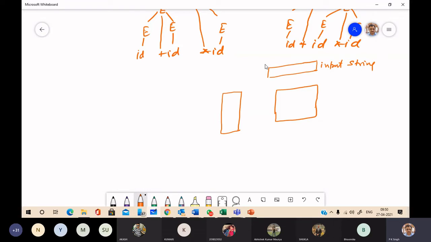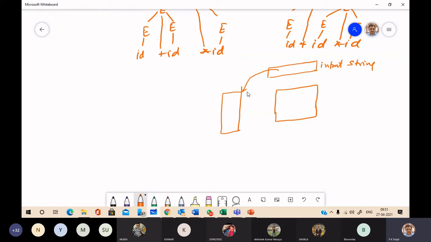It means this program will shift token by token, or you may say symbol by symbol, onto the stack, and on each shift it will look for the handle. If a handle appears as a substring on top of the stack matching the right side of the production, it will replace it by its left side.